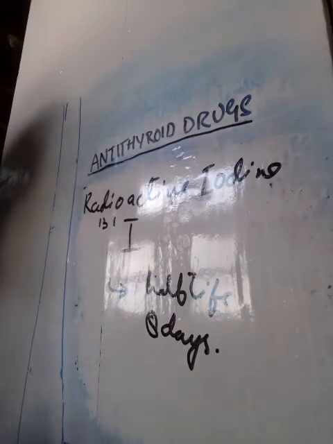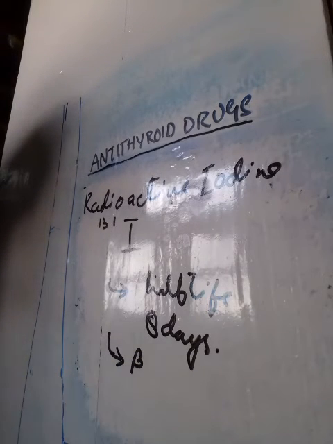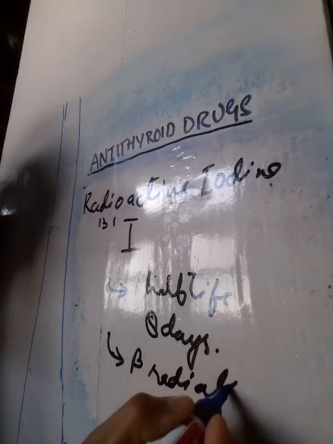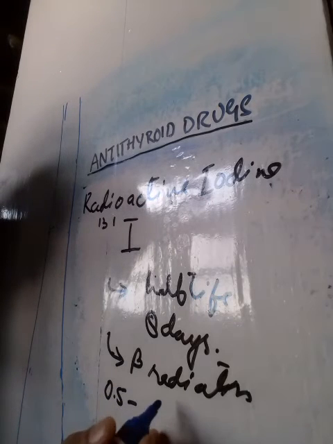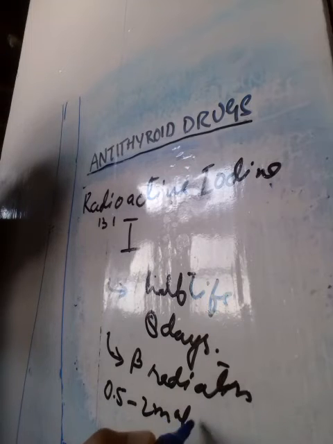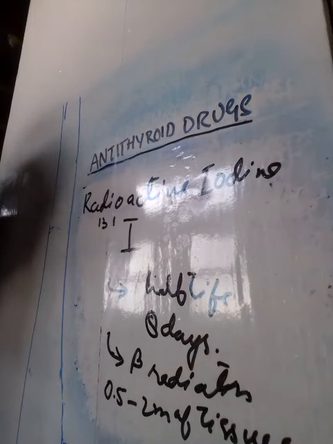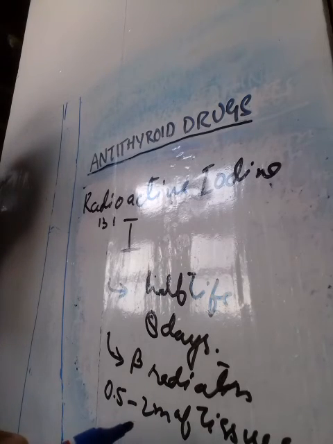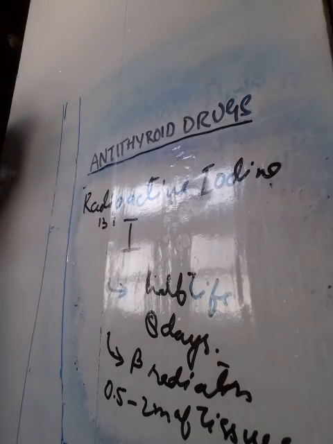It emits beta radiations, which pass only to 0.5 to 2 mm of thyroid tissues. Hence, these beta radiations destroy the thyroid gland cells without causing destruction in the surrounding cells.